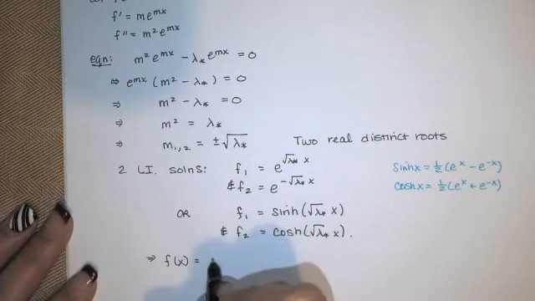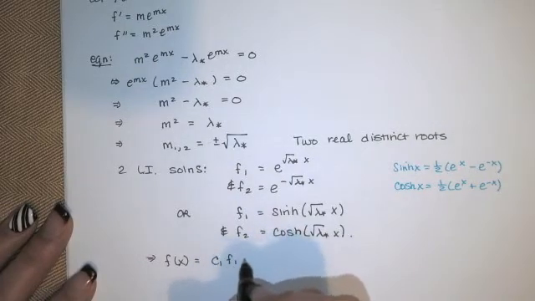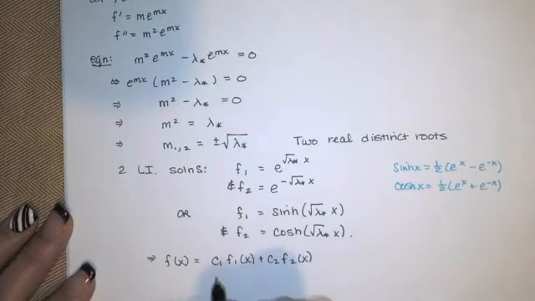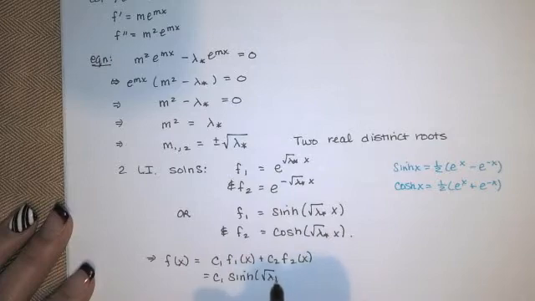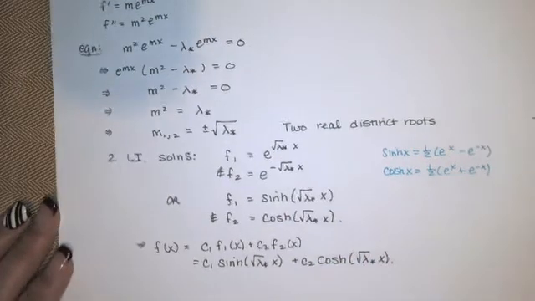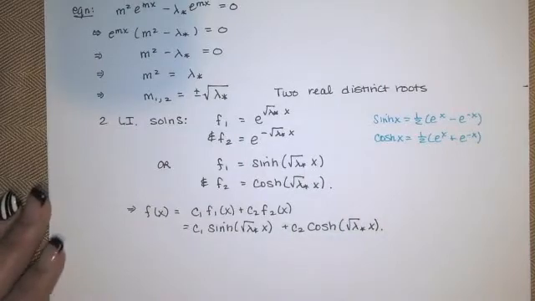We're going to use these, the hyperbolic sine and hyperbolic cosine. And then we're going to say, okay, that's a general solution to the differential equation.